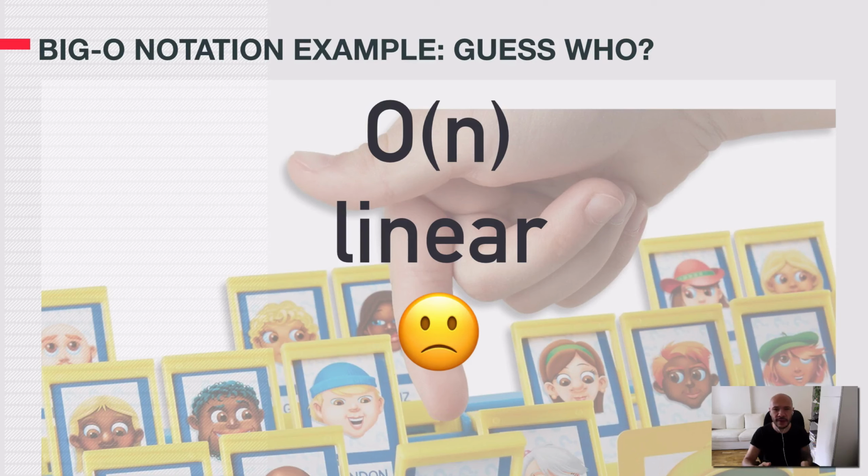With O(n), we are going one by one, saying, okay, this is not the character I'm looking for, this is not, and then because I'm looking at the last one, I go through all the elements, right? And the bigger the board, the slower, the more time it would take me to get there. So again, it's not ideal.